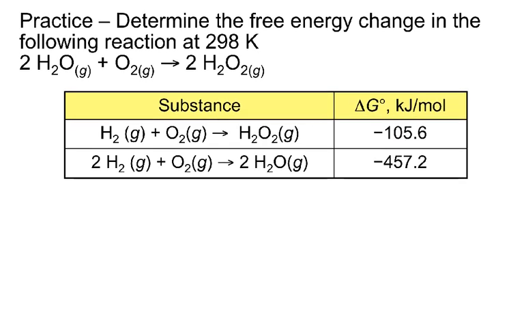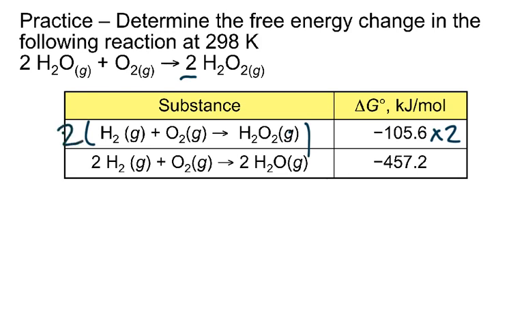So determine the free energy change in the following reaction at 298. Again, it's our reaction of water and oxygen to form hydrogen peroxide. For this reaction, we want 2 peroxides, so we're going to multiply all of this by 2.